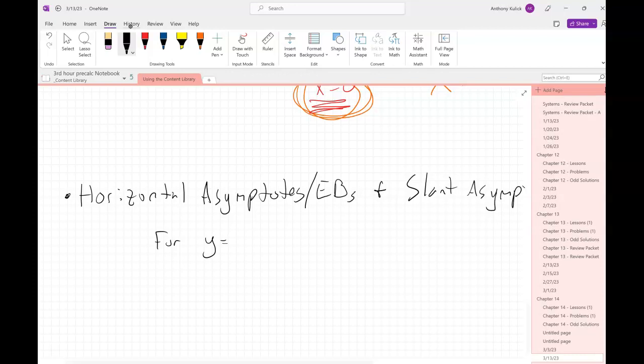So let's say we have some rational function that's of the form P of x over Q of x. So reminder, the P of x is our numerator, the Q of x is our denominator. So there's 3 cases.